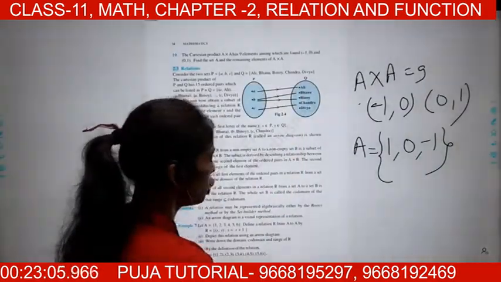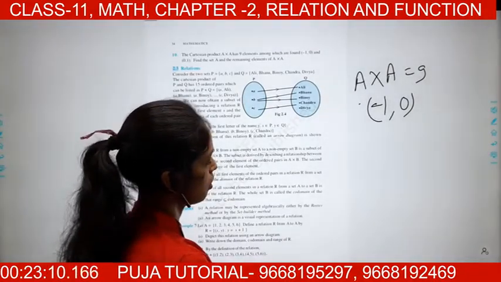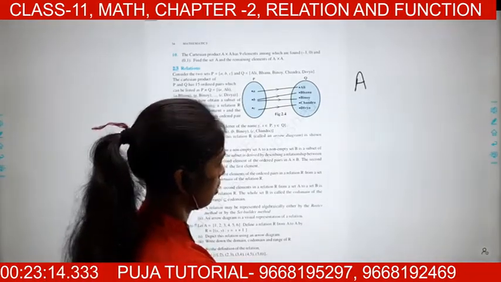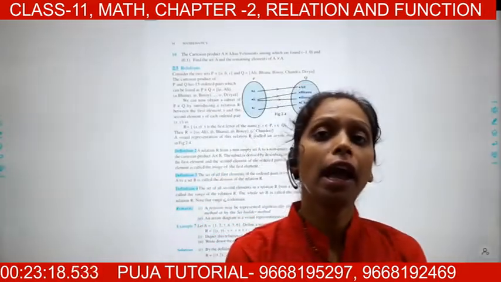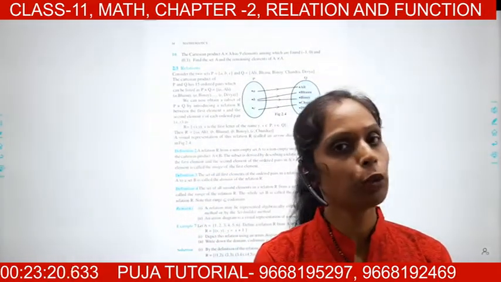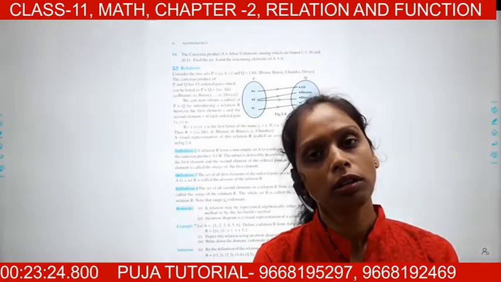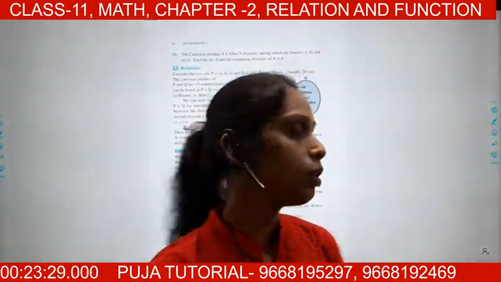Then I think that you have understood chapter number 2.1 in a very clear way, and I know that you have understood how to find out the Cartesian product between two sets.